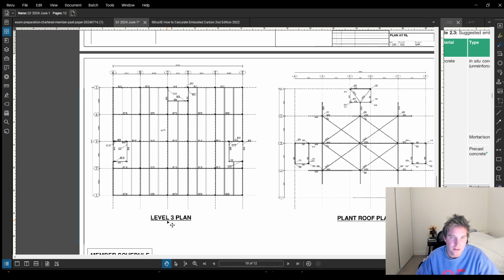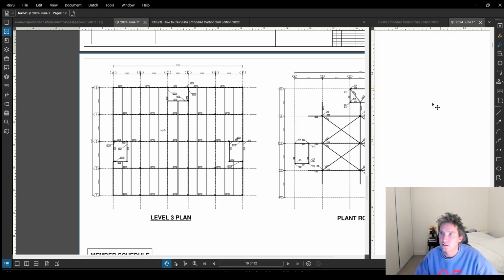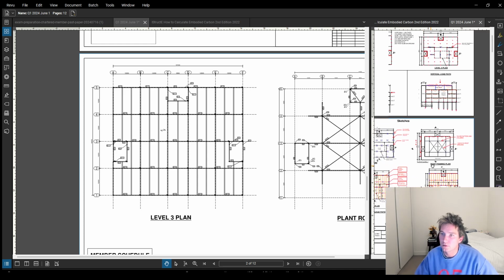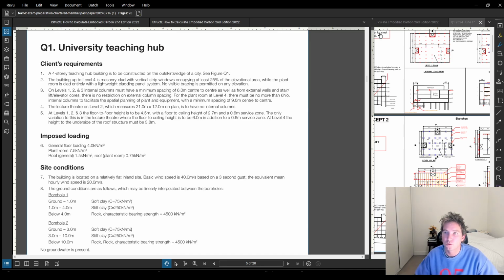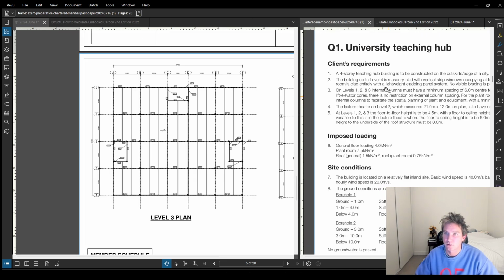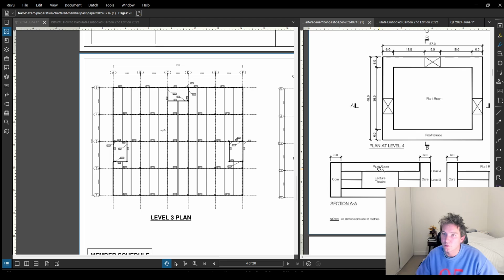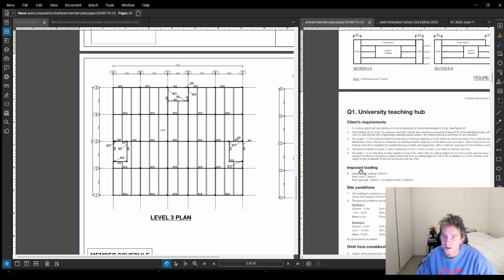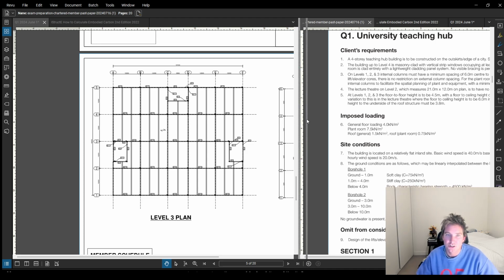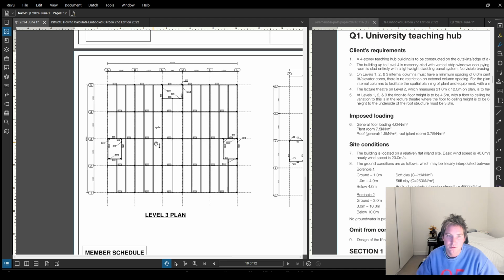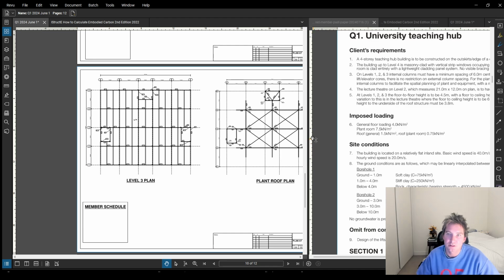Level 3 has the plant room with the higher imposed loading. Because of that, what came out of the calculations, I've got some larger members in there to accommodate that, which would be illustrated here in my member schedule.